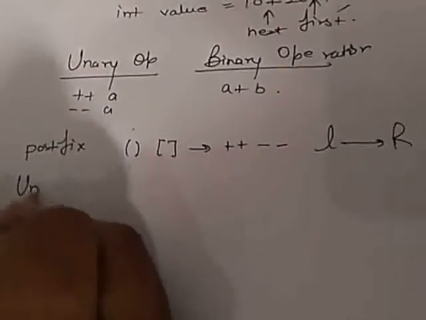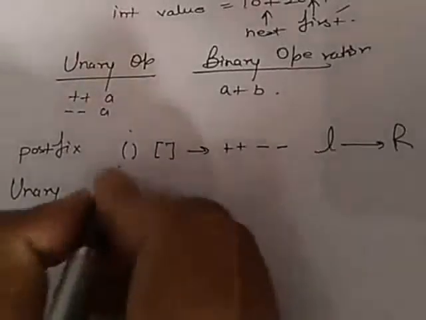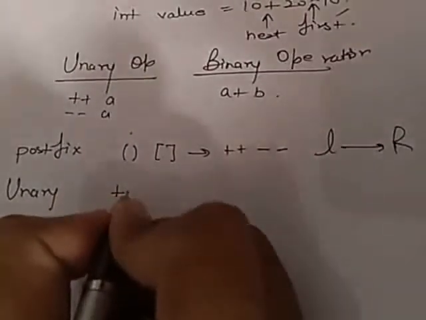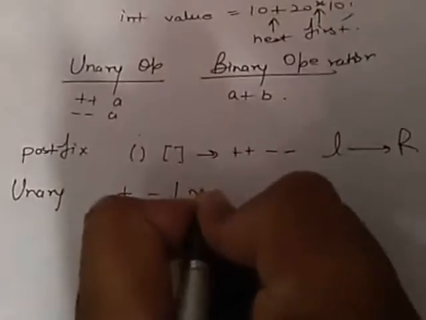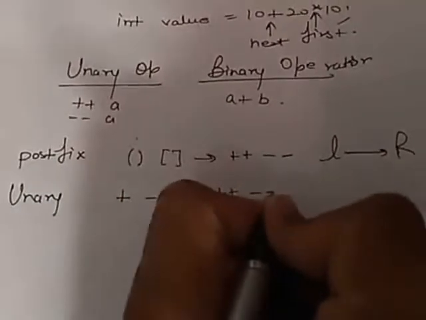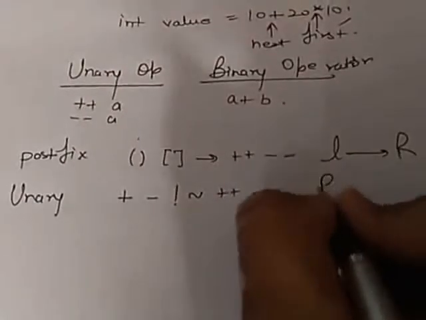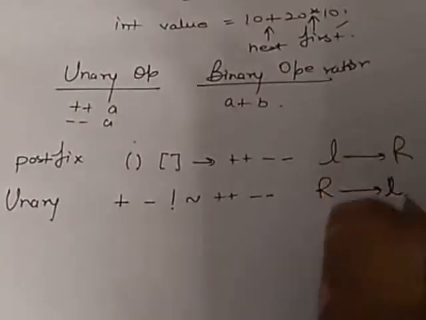Another is unary operators. In this we have plus, minus, tilde, plus plus, minus minus. Its associativity is from right to left.